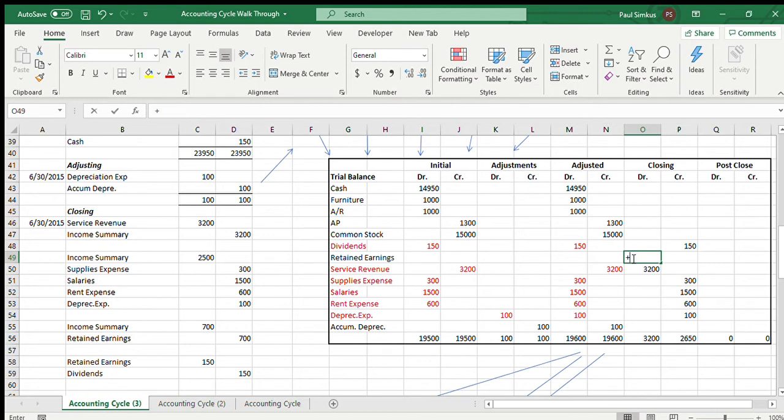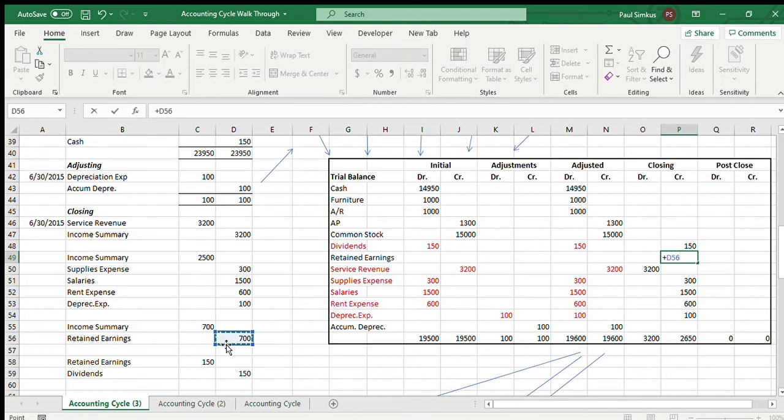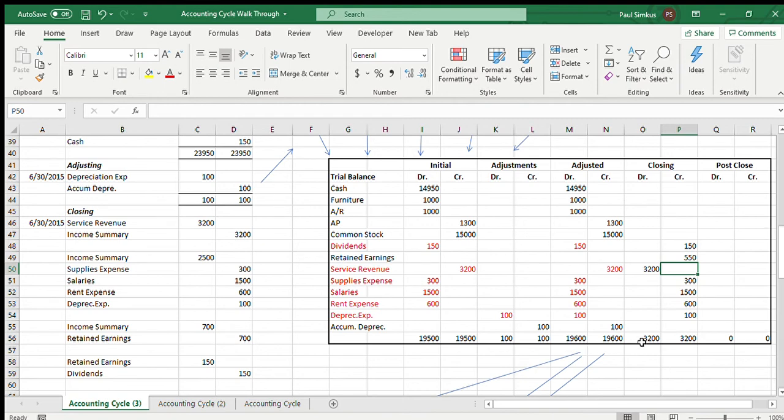And we're putting a credit to retained earnings of 700, a credit of 700, 700 less 150, 550.